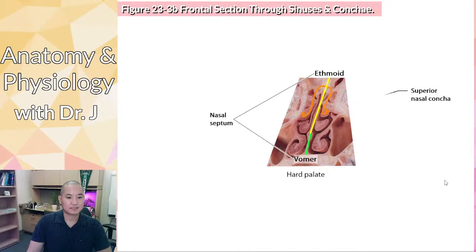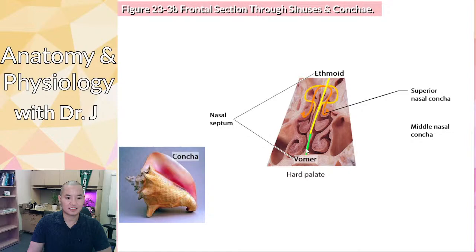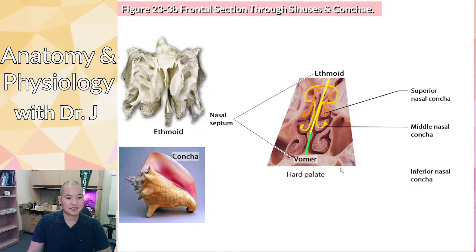Now what we have here are the superior nasal concha and the middle nasal concha. They're actually extensions off the ethmoid, but notice that the inferior nasal concha comes from the sides, so it's not part of the vomer, the maxilla or hard palate, or the ethmoid.